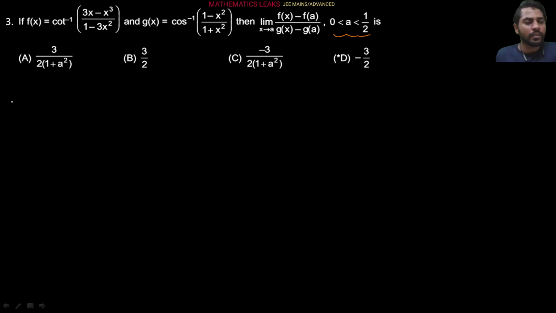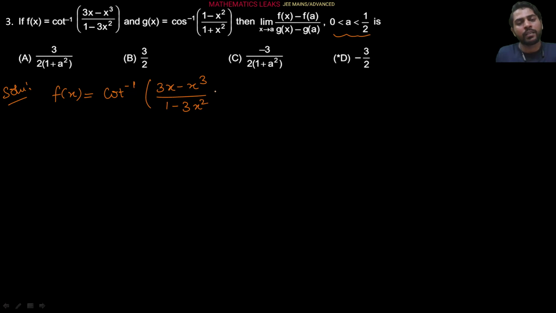So for that one, this given quantity f(x), which is cot inverse of (3x minus x cube) upon (1 minus 3x square), we know that when x is approaching a and a is in the open interval 0 to 1 by 2, that will be nothing but pi by 2 minus 3 times tan inverse x, right?